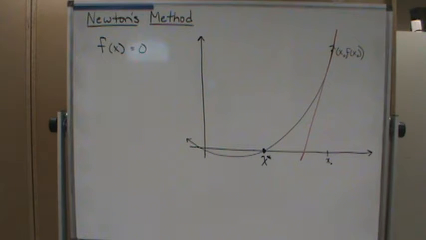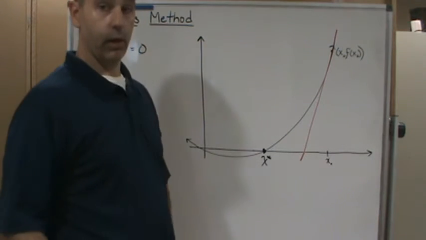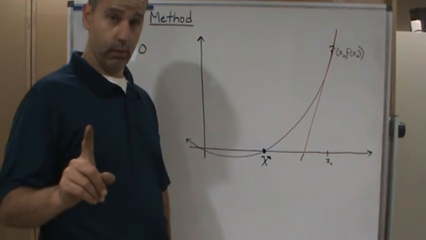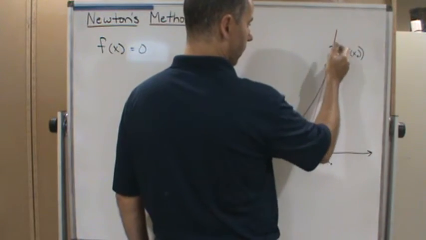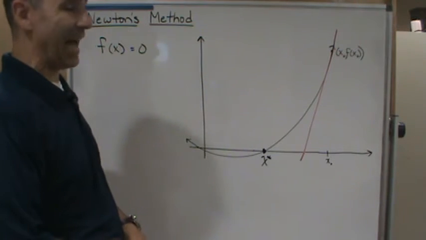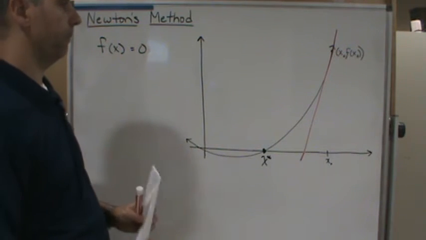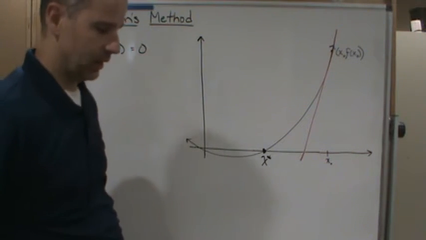So we're going to draw a line, and we're going to say, if the derivative, the slope of this function, is not equal to 0, what does that tell us?